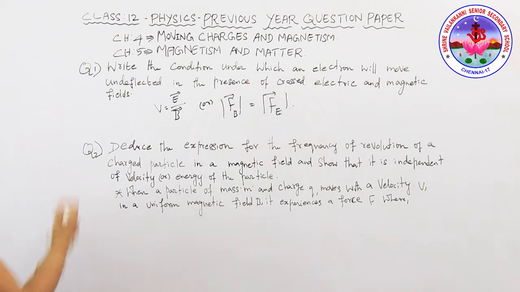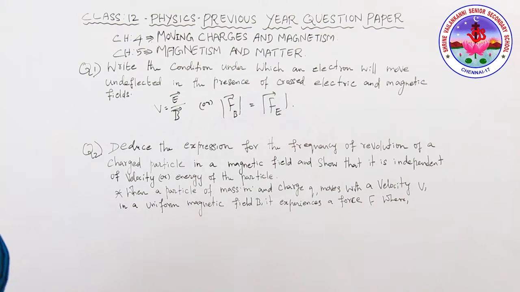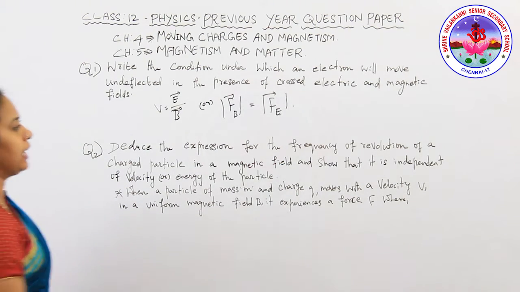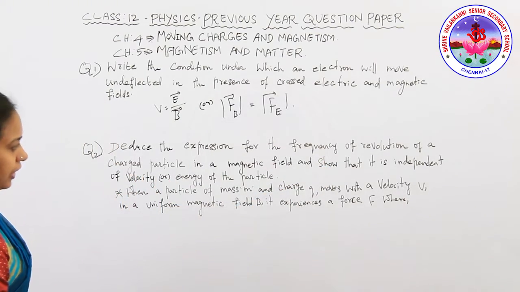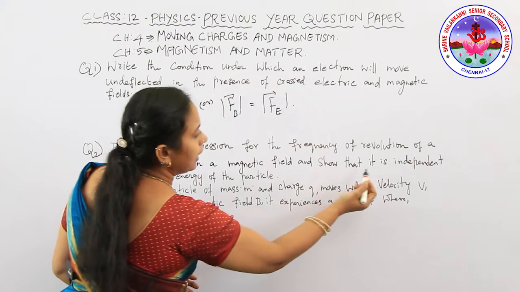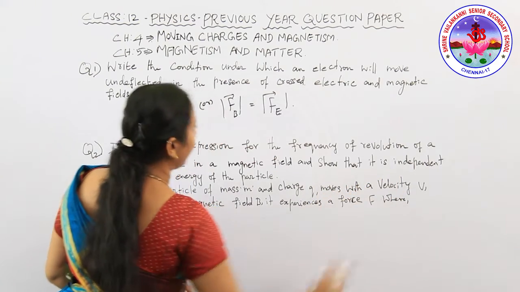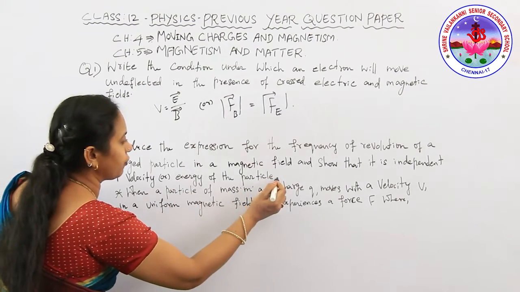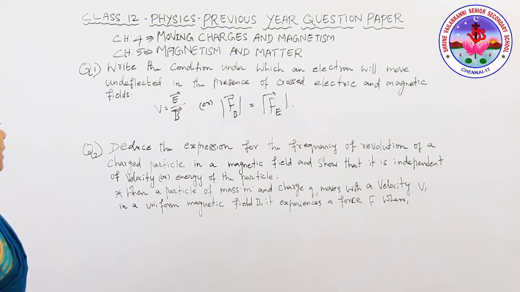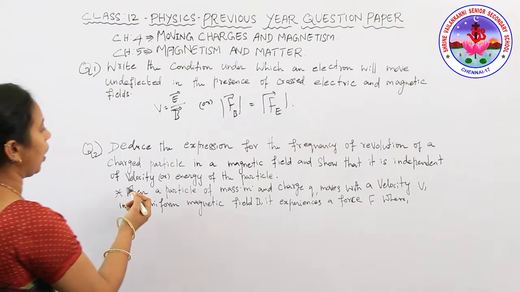So question number 2, deduce the expression for the frequency of revolution of a charged particle in a magnetic field and show that it is independent of the velocity, or we can say the energy of the particle. You have to show that it is independent of velocity, right?